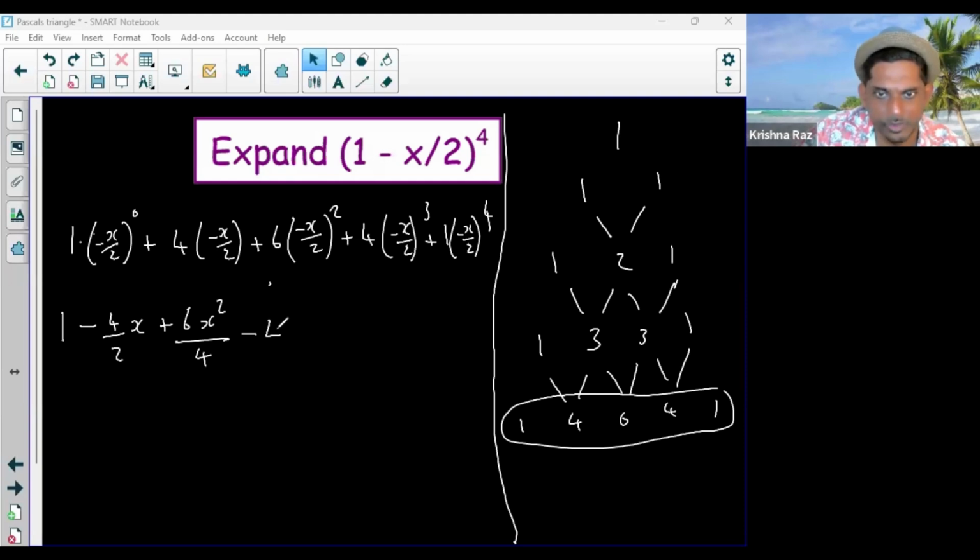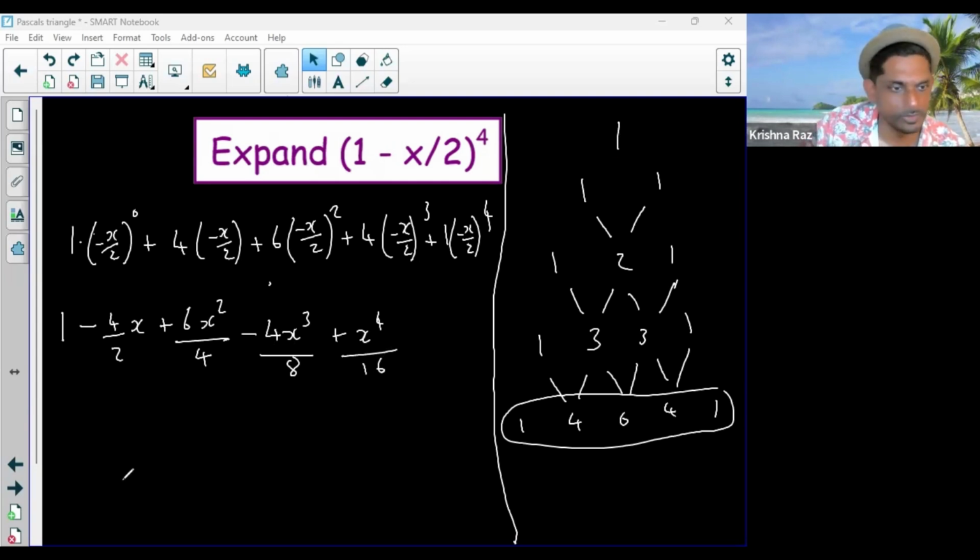So we have 4 times negative x cubed. Oh, I've already done the negative. Over 2 cubed, which is 8. And then the final one is minus x to the power 4, which is positive, over 2 to the power 4. So we simplify that and we get the answer.